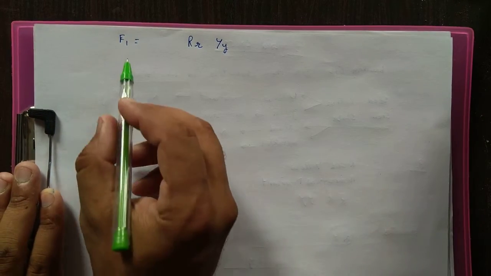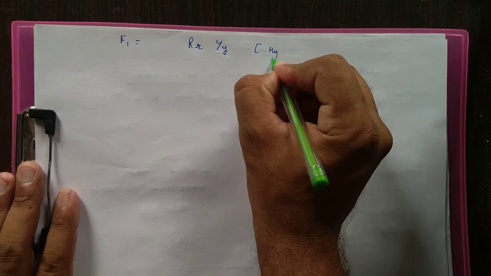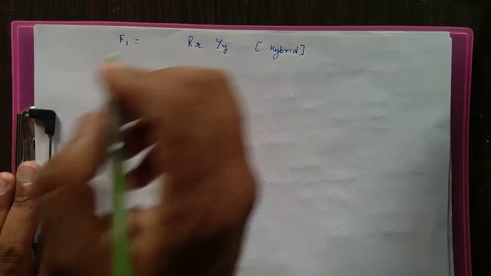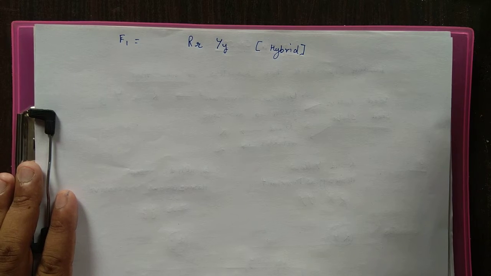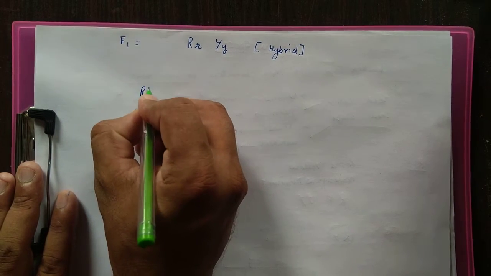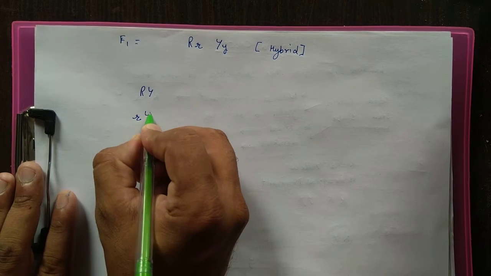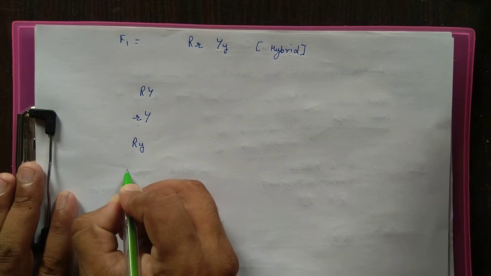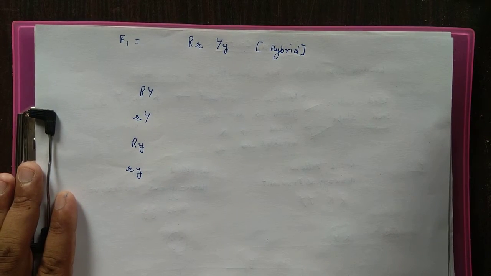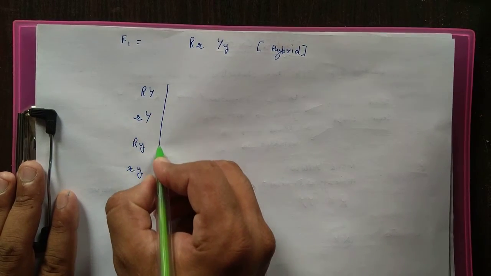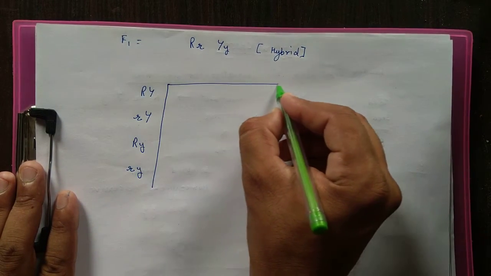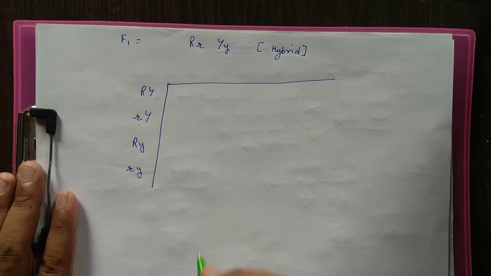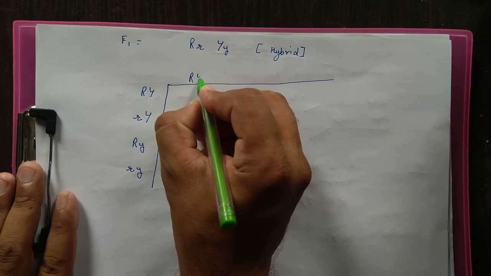So in the F1 generation, that is the hybrid, now we make gametes of the F1 generation through self pollination. The gametes are here. This will be one parent's gametes, and this will be the other's, same as it is.